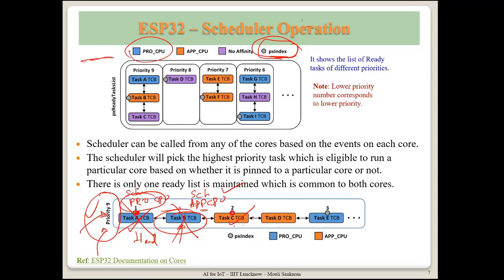Now imagine the protocol scheduler has finished with the previous task and is getting a chance to run. It will start running from this task now. What has happened? This task B, which should have been picked up, is impacted by the scheduler of the application CPU running in between.